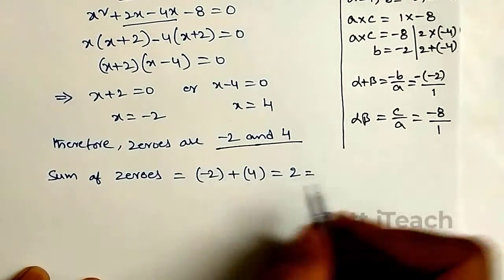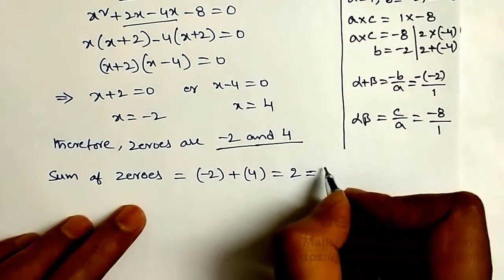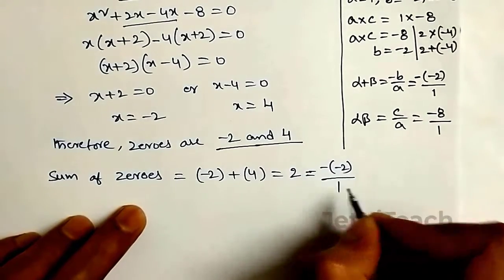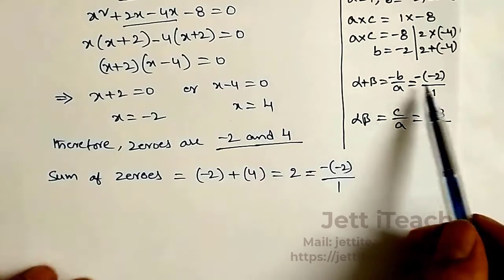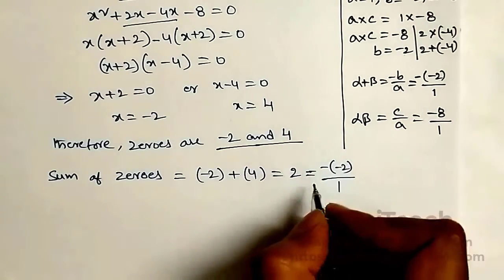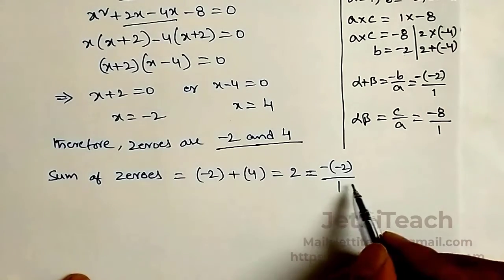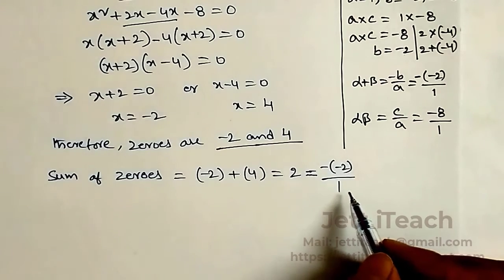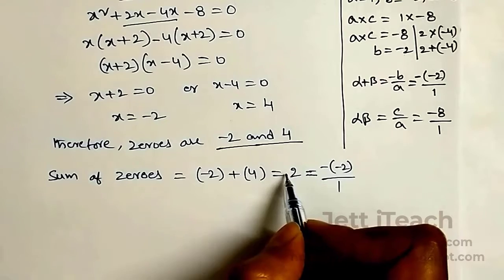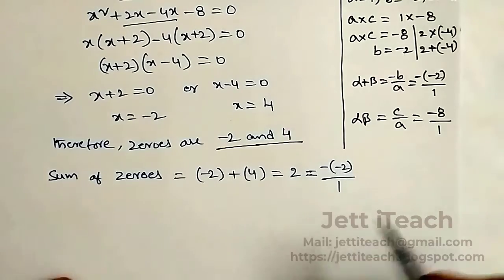So what is the sum of zeros? You can write it as minus of minus 2 by 1. I wrote it here, and if you look, both are the same. I can write divide by 1, and there will be no change even if you write it like this. Instead of minus 2 here, plus 2 is there, so I wrote plus 2 as minus of minus 2. That's all.